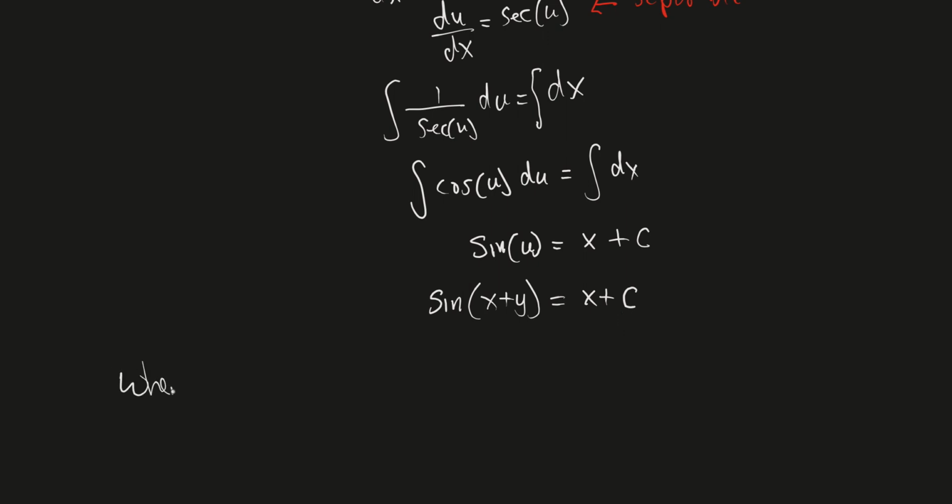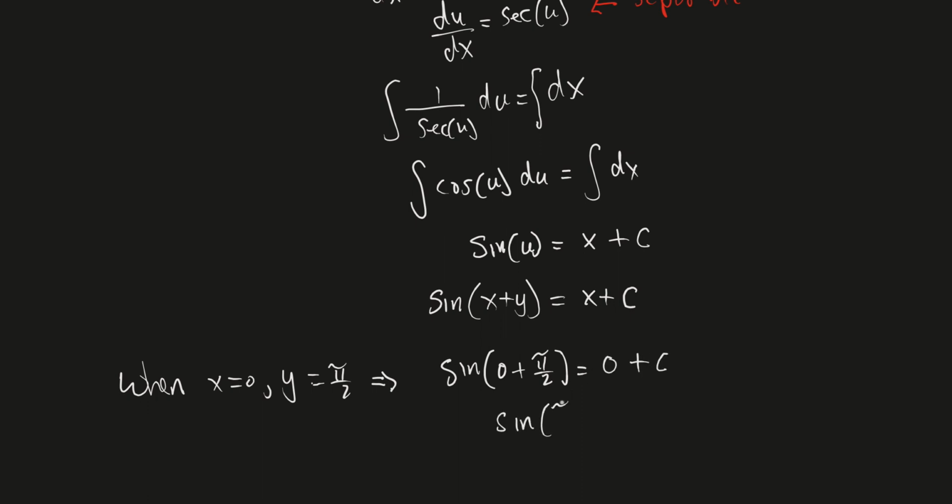So when x is equal to 0, y is equal to pi over 2, so I have this equation. I have the sine of 0 plus pi over 2 is equal to 0 plus c. So I have the sine of pi over 2 is equal to c. Well, the sine of pi over 2 is 1.